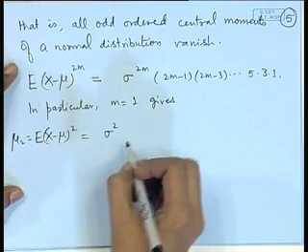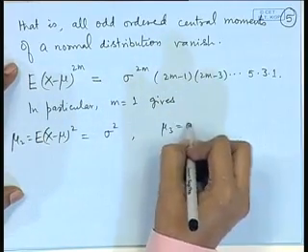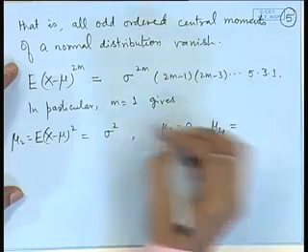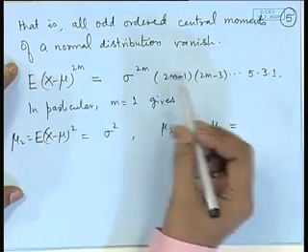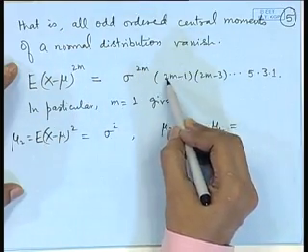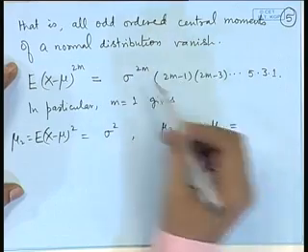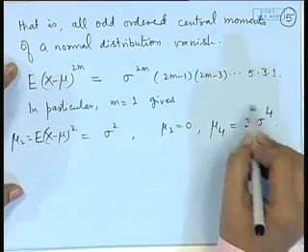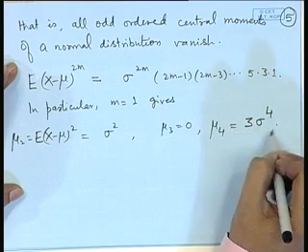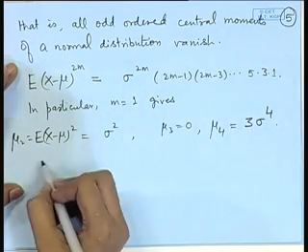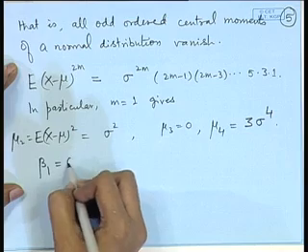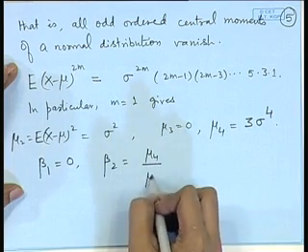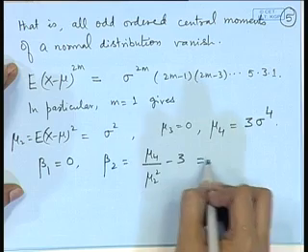If we look at, so obviously mu 3 is 0. If we look at mu 4 here, the fourth moment, that is if I put m equal to 2, then here I will get 3 times 1. So, this will become 3 sigma to the power 4. So, the fourth central moment is 3 sigma to the power 4. Obviously, the measure of skewness is 0. The measure of kurtosis, that is mu 4 by mu 2 square minus 3, is also 0.